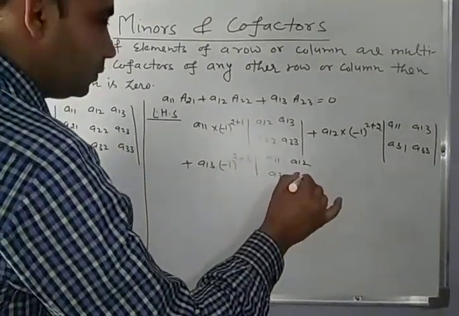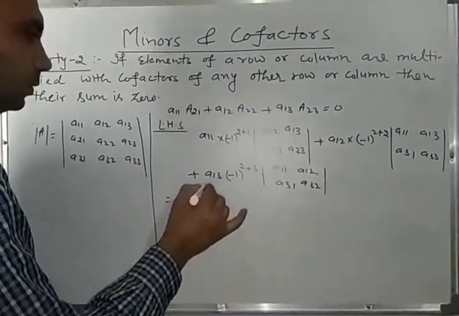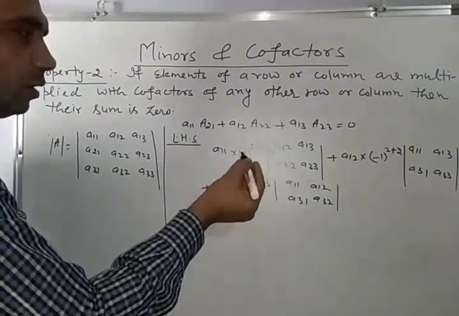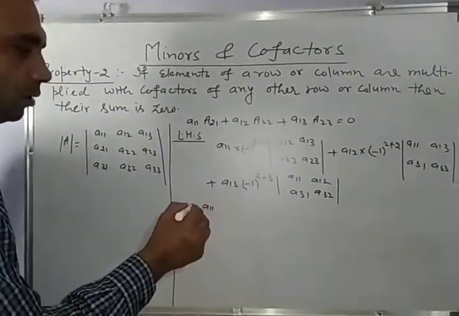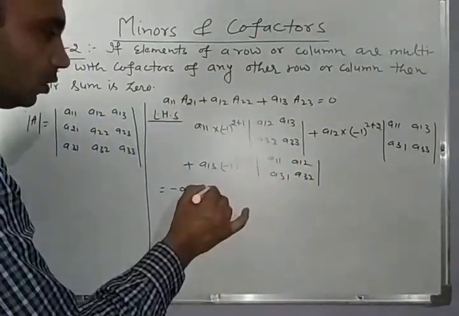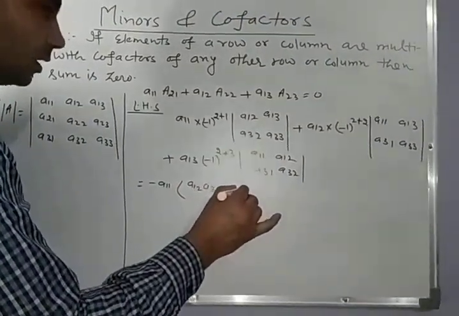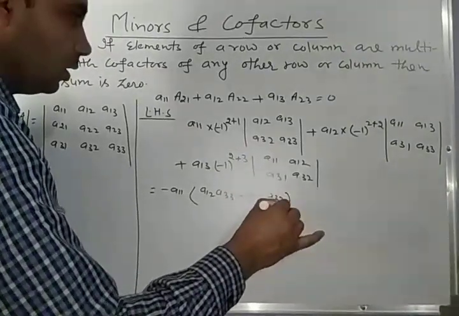Now if we simplify, A11 times minus 1 to the power 3 is minus, times A12 A33 minus A13 A32.